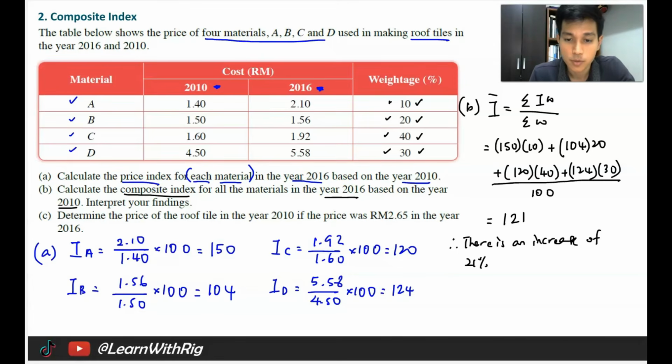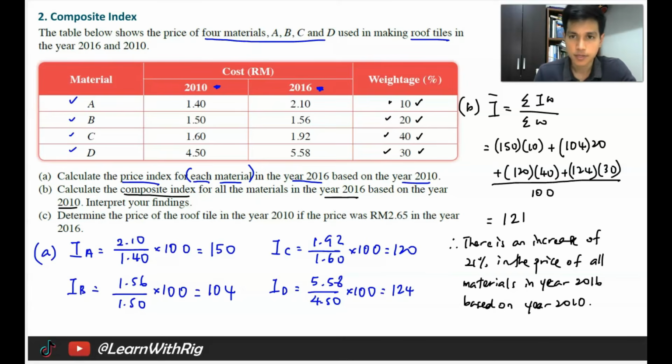So that means it's 21% increase in the price of roof tiles, or you can say all material in year 2016, based on year 2010. Okay, so that's your answer for B.